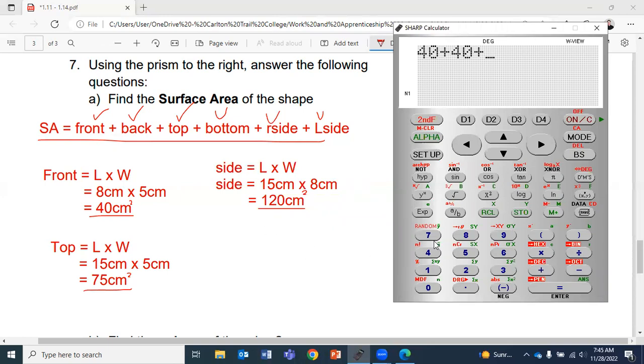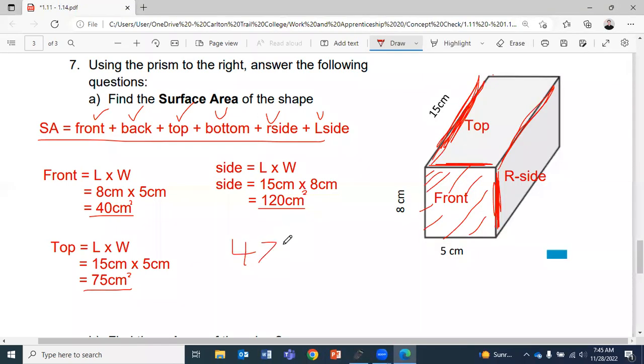And then it's going to be the top plus the bottom plus the right side plus the left side. You're adding up 6 things. Or you can add up these 3 and times it by 2, whatever works for you. But ultimately, your final answer here is going to be 470 centimeters squared. Okay? Surface area, done.